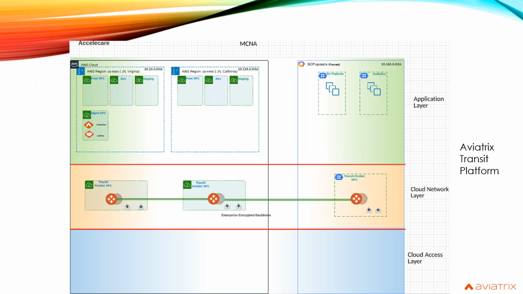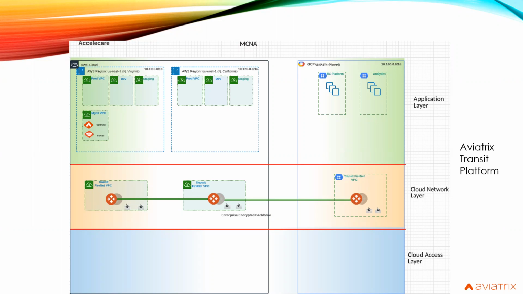So building on the requirements that we need, the direct connectivity between AWS and GCP, we're going to start off by building our connectivity in the core layer. What we'll have here is one region going directly to another region, and it's a full mesh in this particular design.